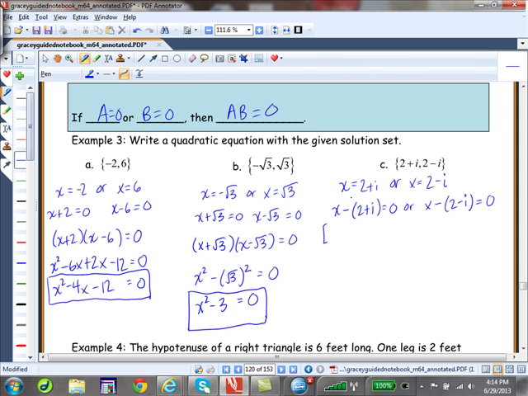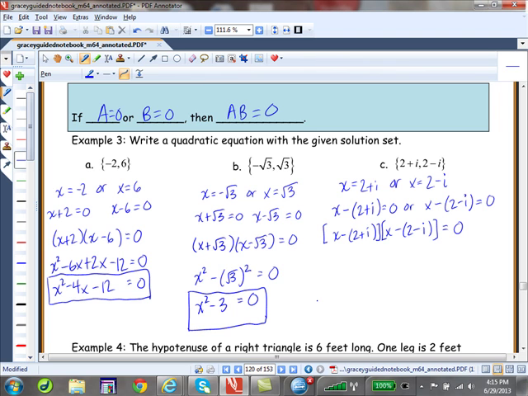If you want to distribute the minus through each of these, go ahead and then multiply it out. So this would be x minus 2 plus i times, actually, x minus quantity 2 minus i is 0.